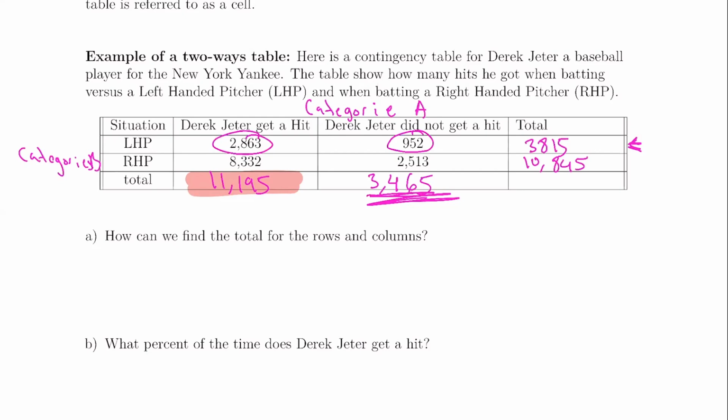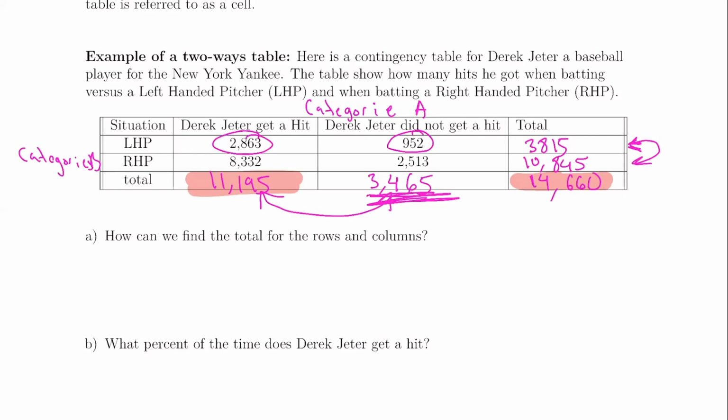And then the last one is going to be the total amount. In order to get the total amount, I can either add these two numbers right here, or if you want, you could add these two numbers right here. As a good practice, you want to add both of those because both should give you the same value. So if I do 11,195 added to 3,465, you get 14,660.